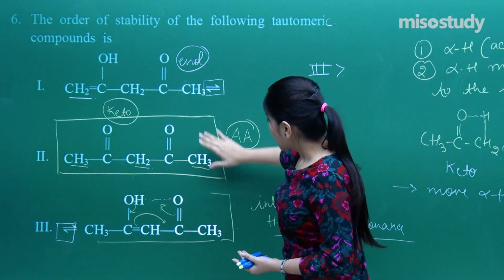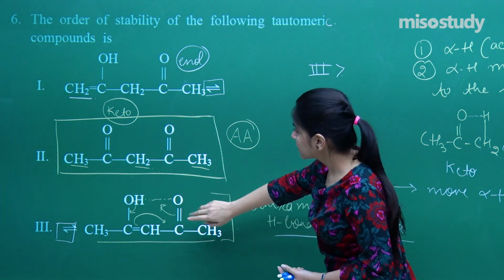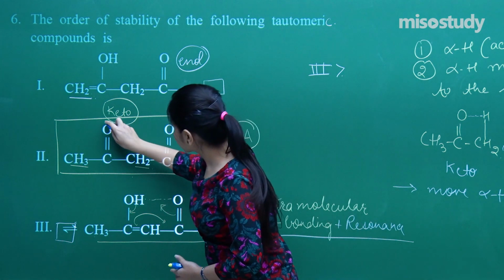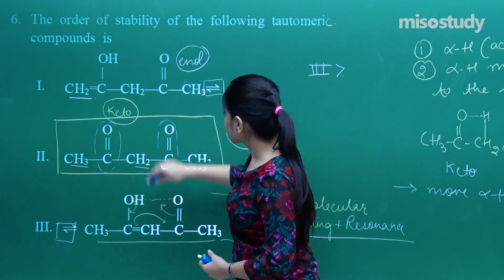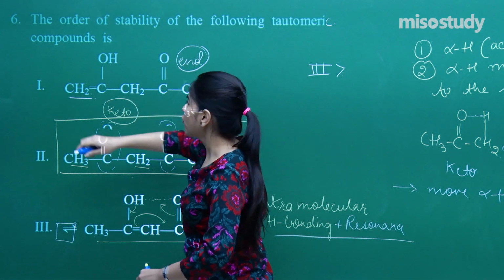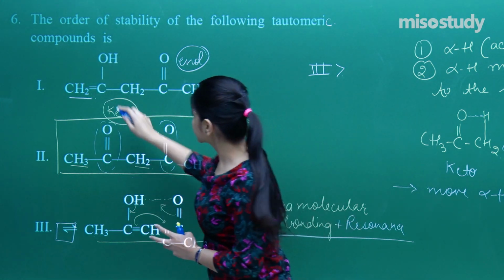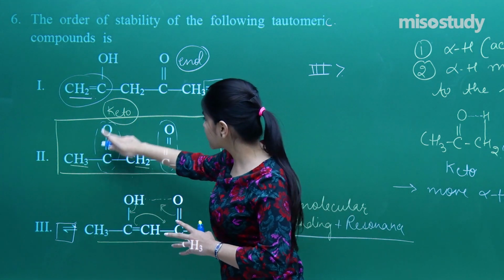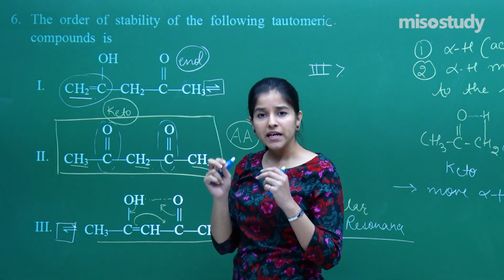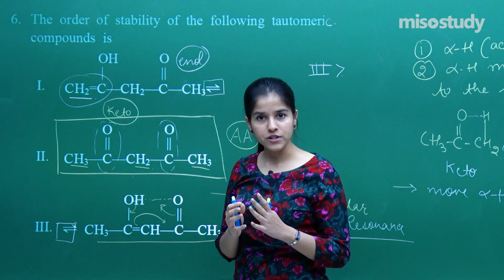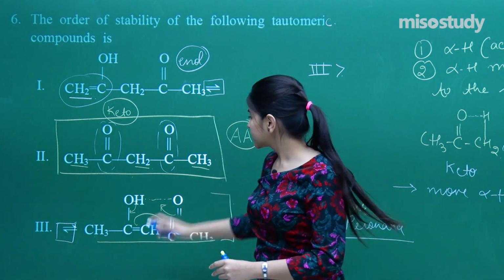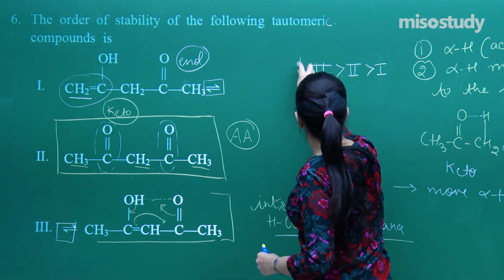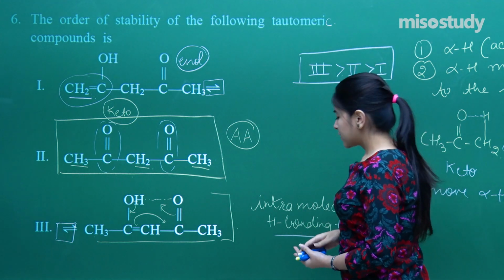That means out of these two, this is more stable, the proper keto form, which is very stable, having 2 stable keto groups. But over here I have got somewhat an unstable structure having the C=C double bond. In comparison with the keto form, the keto form is more stable. I hope everybody has got the concept. That means 3 followed by 2 followed by 1. That is the order of the stability.